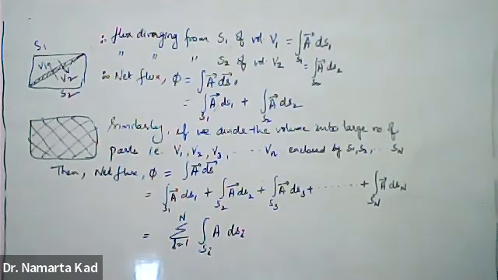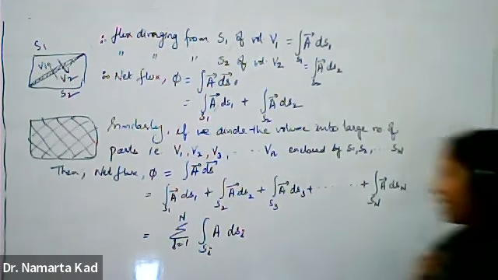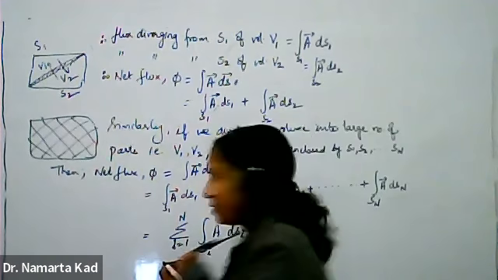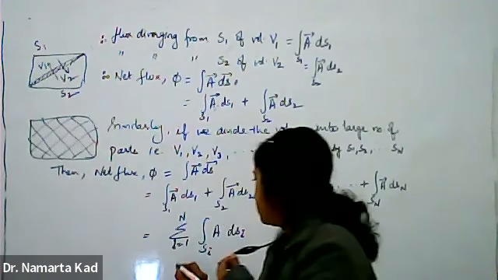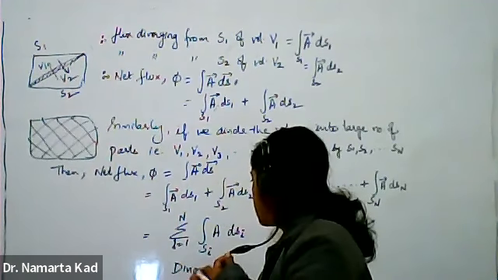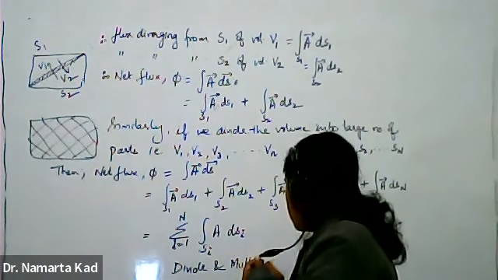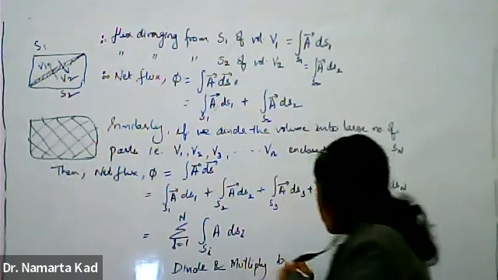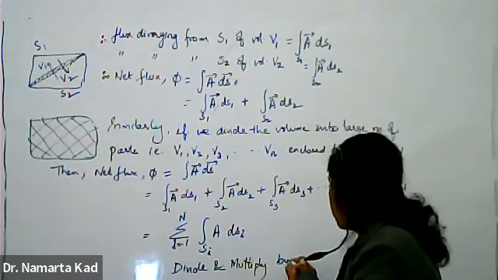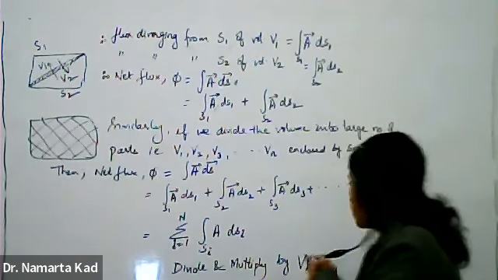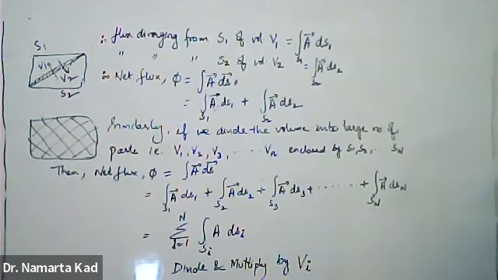Now in the next step, divide and multiply by Vi.